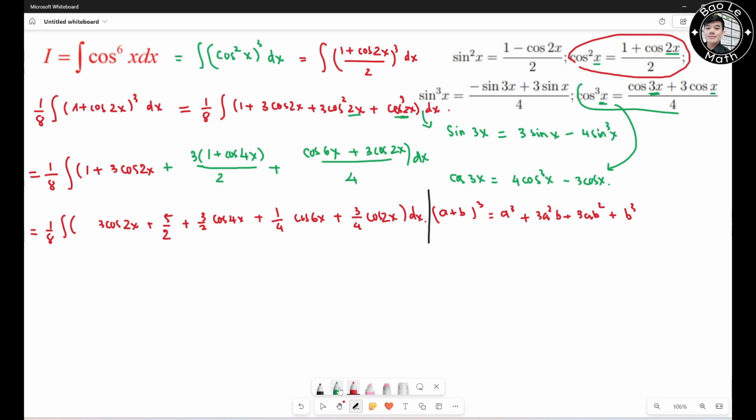Alright, now in order to take the antiderivative of cosine of ax plus b, it's going to be 1 over a sine of ax plus b, and then plus the constant c.